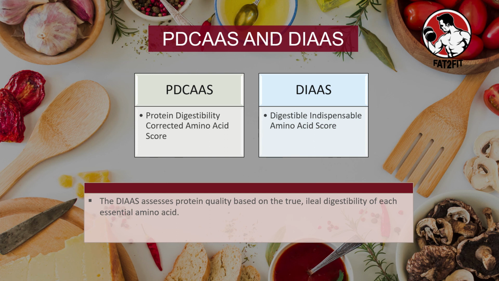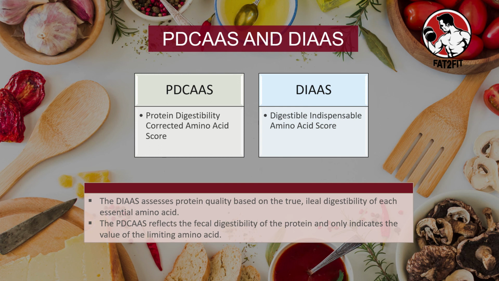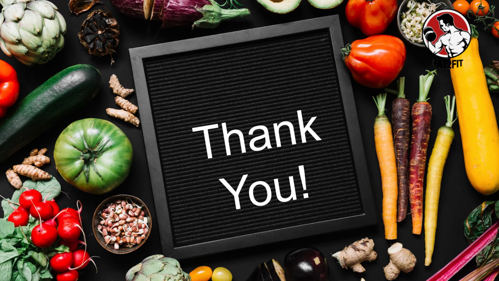It gives a value for each of the 9 essential amino acids. On the other hand, the PDCAAS reflects the fecal digestibility of the protein and only indicates the value of the limiting amino acid. In the next chapter, we would cover protein digestion, how much protein is adequate, and the role of important amino acids.